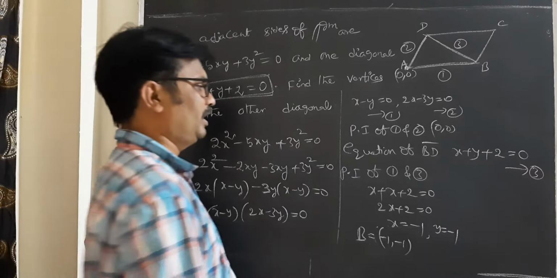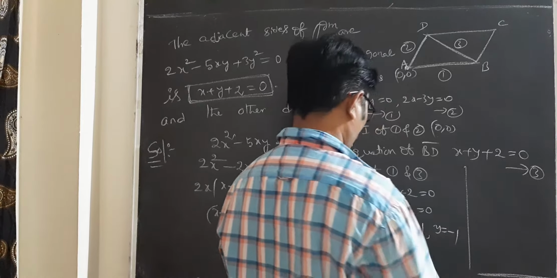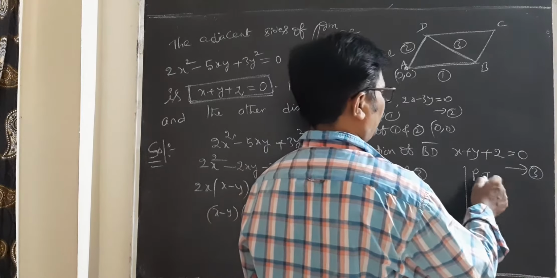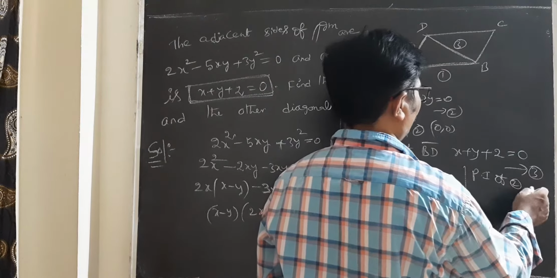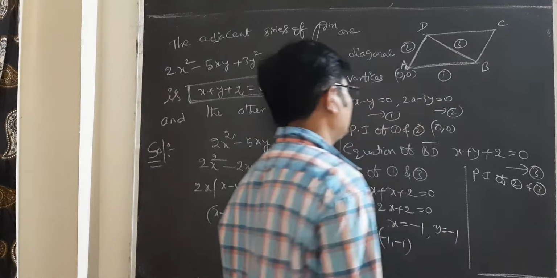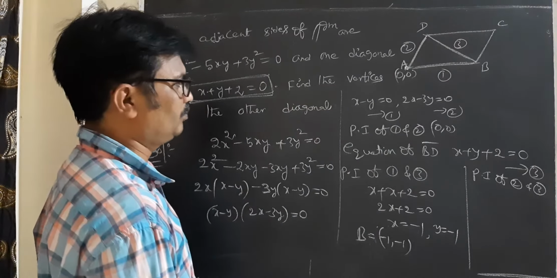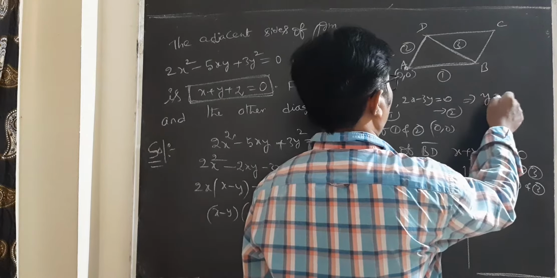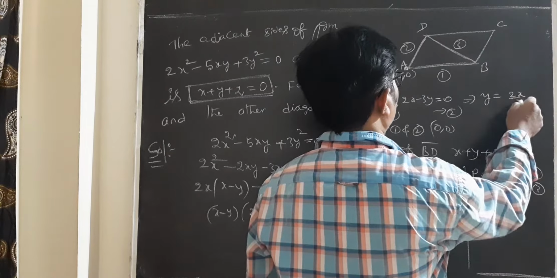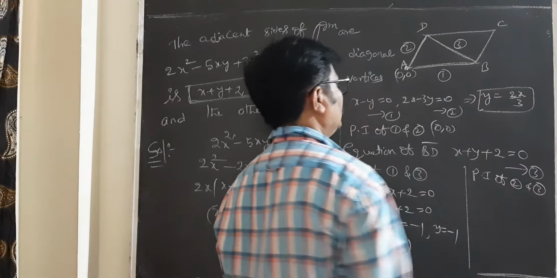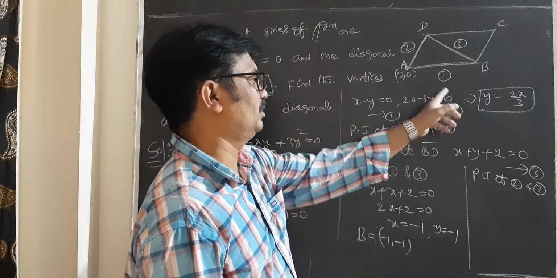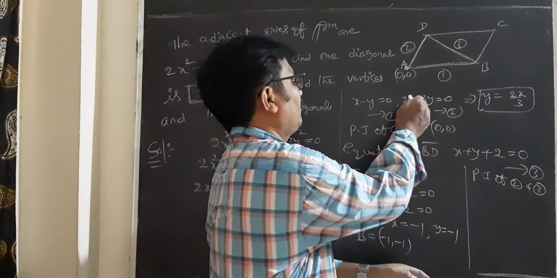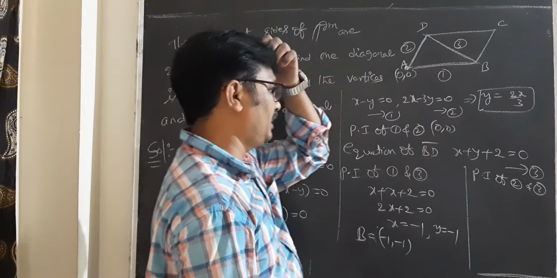Now students, we find the point of intersection of 2 and 3. From 2 we can easily identify, it can be written as y equal to 2x by 3. This is y, 3y equal to 2x. Here y is 2x by 3.